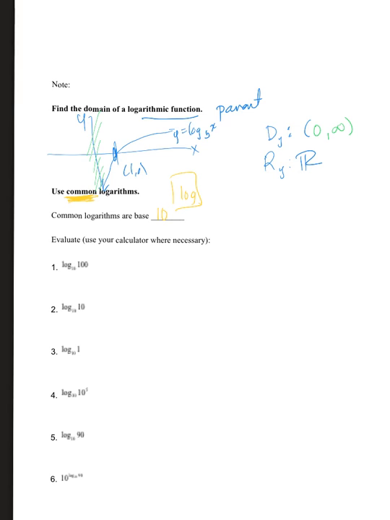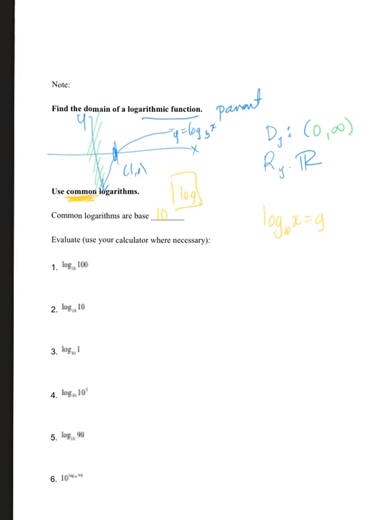So if I don't see a base written, you should know it to be 10. I don't need to see it. I know it's there. It is known as a common log. Again, a common log is base 10. If you think of money, tenths, hundredths, thousandths place, ones, tens. We live in the world of base 10.